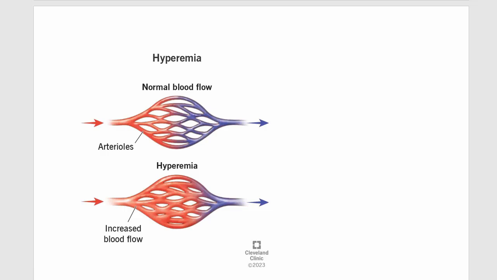This allows oxygen and nutrients to reach the ischemic tissue, and hopefully, if there isn't too much irreversible damage, it can start to clear some of that metabolic waste that's been produced. This phenomenon is termed reactive hyperemia because the increase in blood flow occurs reactively in response to the previous period of reduced perfusion, rather than being actively regulated by local metabolic demands or neural control.